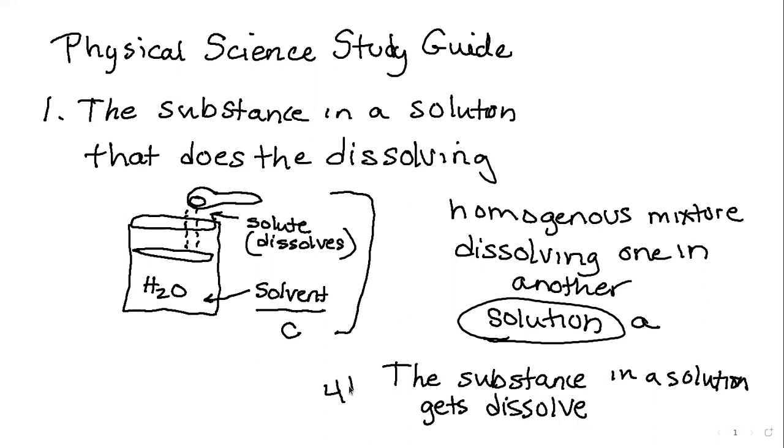This is the fourth definition down, and we've already talked about it right here. It's that stuff coming off of my spoon, and it's the solute, and the solute is B. Okay. So we've got solution, solute, and solvent done.